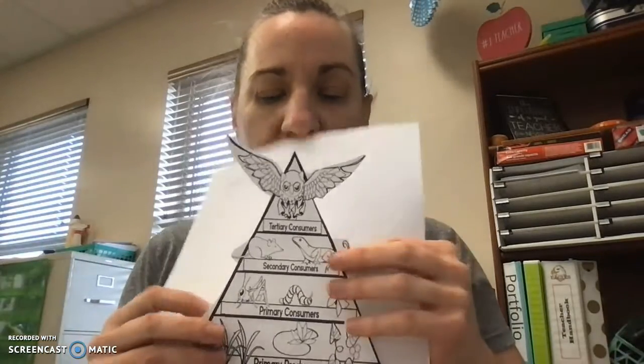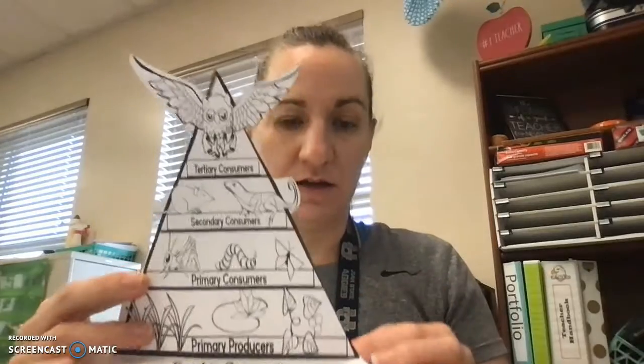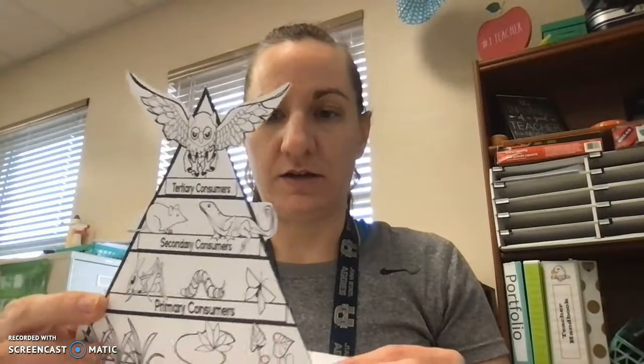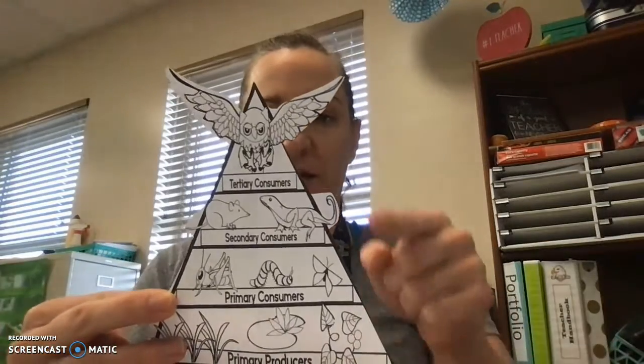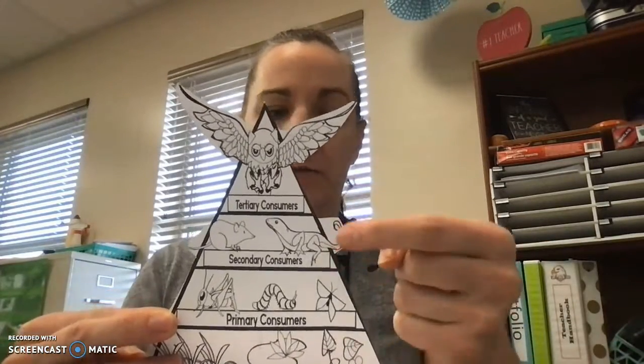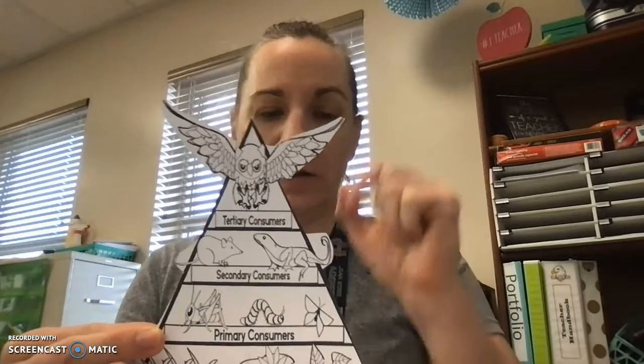Then we're going to do a little activity for what we call the energy pyramid. We're going to learn about later on next week why we call this an energy pyramid and what an energy pyramid is. So first you're going to cut out this part. This is in your cutout packet and you're going to cut it out the best you can. You don't have to go right around the lizard's tail or around each part of the wing. You can do a little rough cut on that.